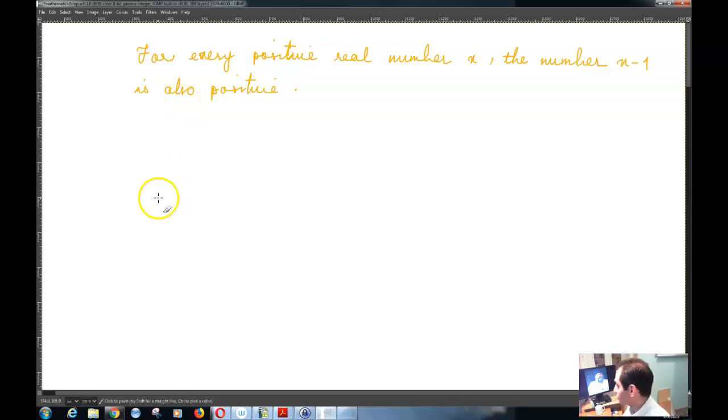So the answer here is: there exists a positive real number x such that x minus 1 is not positive. I don't want to keep writing these, and of course you already have access to all of these questions' answers, so I don't have to write everything down.